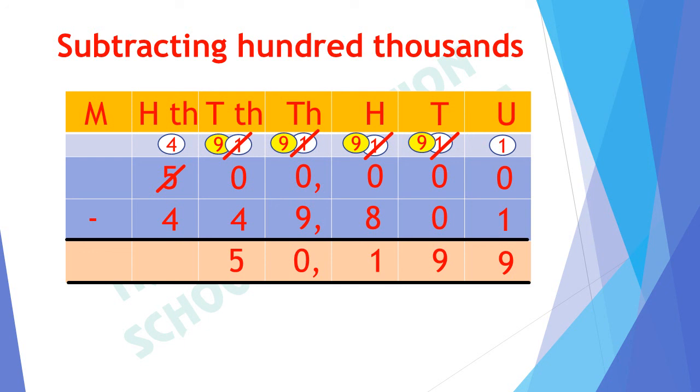We have to subtract 400,000 out of 400,000. If we take away 400,000 out of 400,000, we are left with 0. We don't write 0 in the highest place value. It means 50,199 less biscuits did the factory produce.